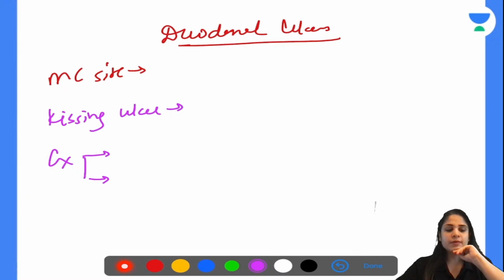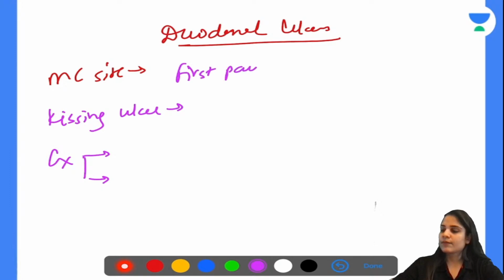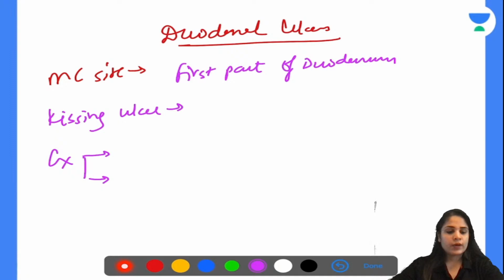So what is the most common site of a duodenal ulcer? Anyone? Yes, absolutely correct. So the most common site of a duodenal ulcer is the first part of the duodenum. Now, when do you call duodenal ulcers kissing ulcers?